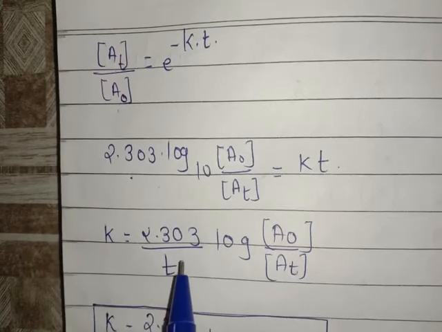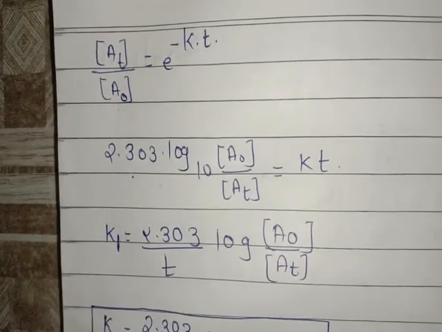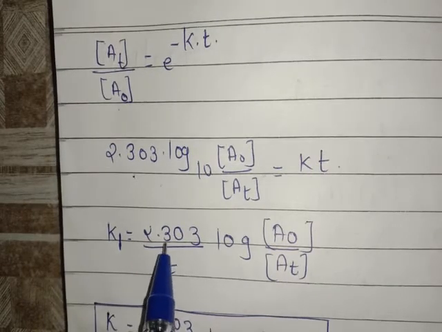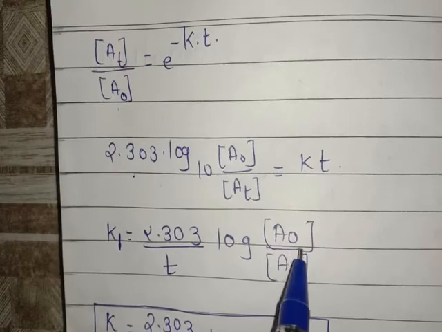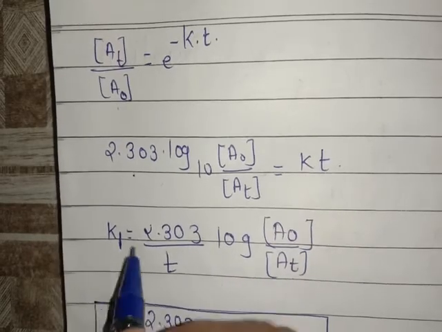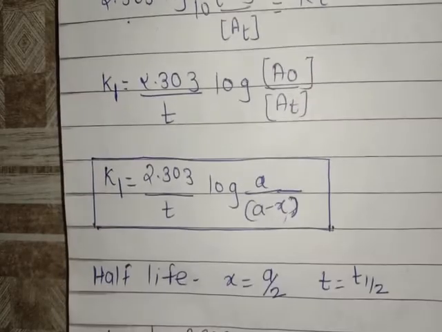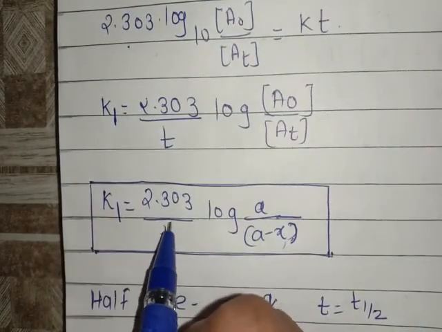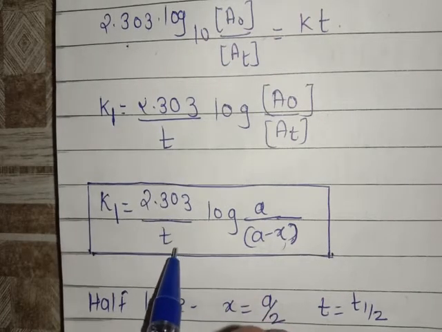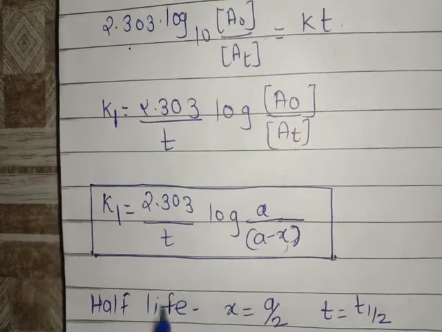Now rearranging for the rate constant, which we can denote with k1, is equal to 2.303 upon t into log of a0 upon At. Now this we can write as k1 is equal to 2.303 upon t into log of a upon a minus x.